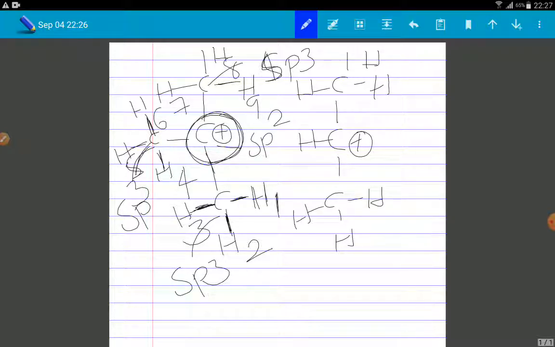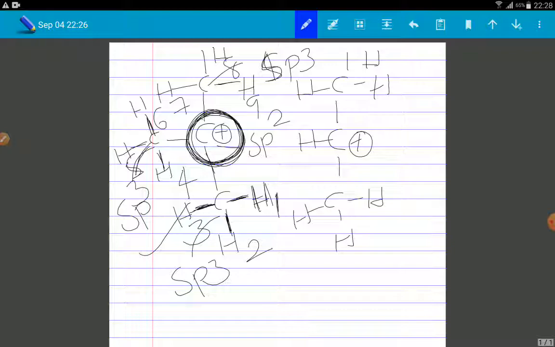So how many resonance structures are possible? 9, meaning 9 CH bonds are ready for donating electrons to this carbocation. So 9 resonance structures you can write. So this is the most stable one. Why? Because 9 sigma bonds are available to stabilize this carbocation.